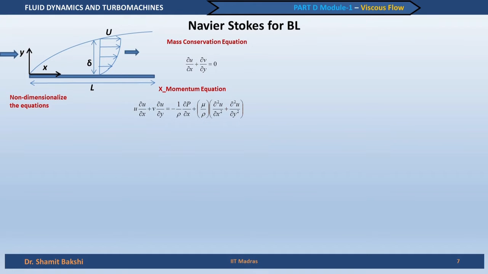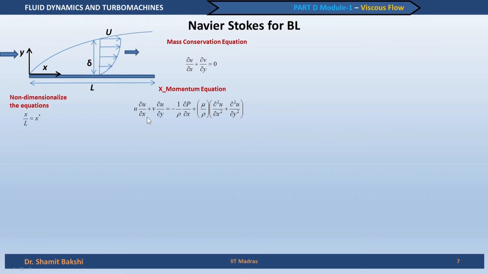When we do non-dimensionalizing, we should try to choose an appropriate quantity to non-dimensionalize it. We will come to the u velocity later. Let us see the length scale. For the x length, the quantity which can be used to non-dimensionalize it is capital L, because that is the length along the x direction.